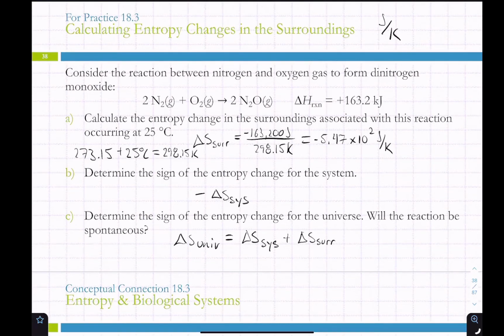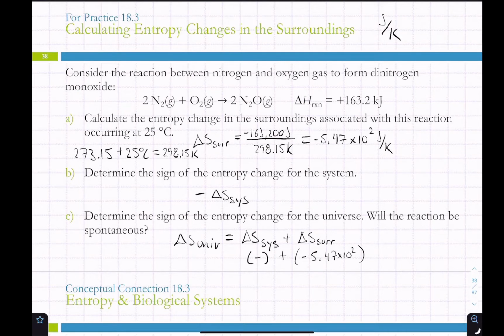And if both of those numbers are negative, and we determined that this was a negative, and we can quantify this one, negative 5.47 times 10 to the 2, it doesn't matter how big or small that entropy change in our system is. A negative number plus a negative number is going to be another negative number.